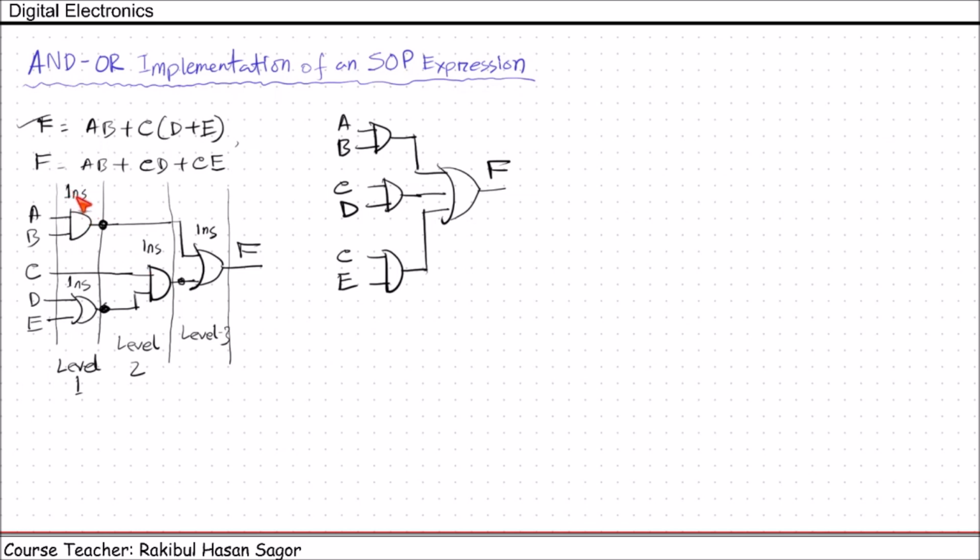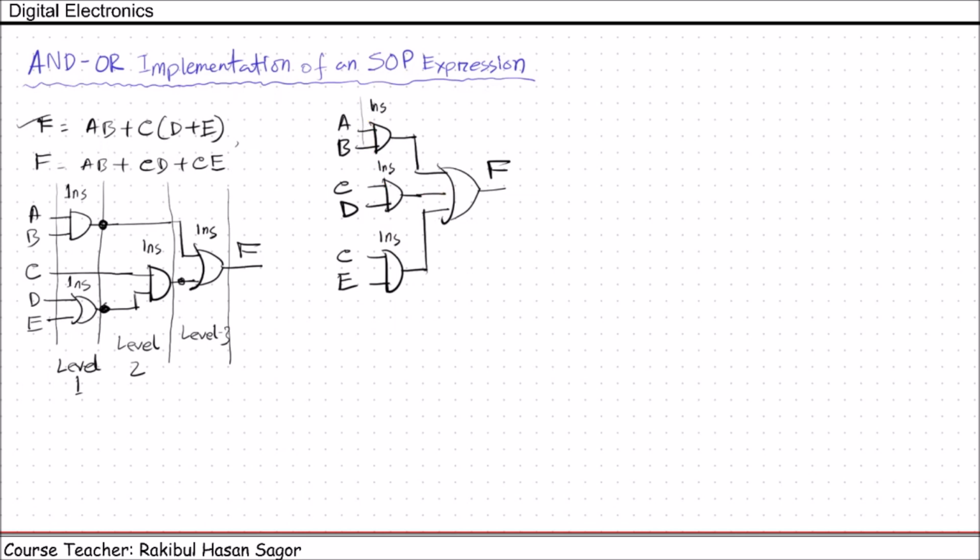So you can see in the first level, after the first 1 nanosecond, these outputs will be available. Then after the second 1 nanosecond, this output will be available. That means after 2 nanoseconds, we are getting the output here. Then after 3 nanoseconds, we will get the final output. But in the SOP expression, suppose each gate takes 1 nanosecond to provide the output.